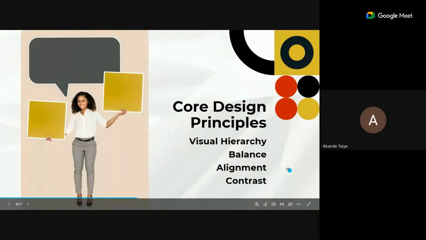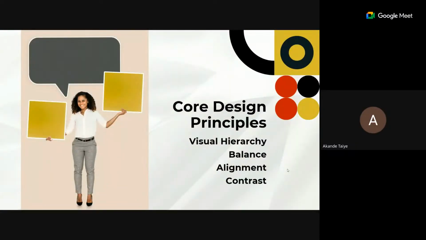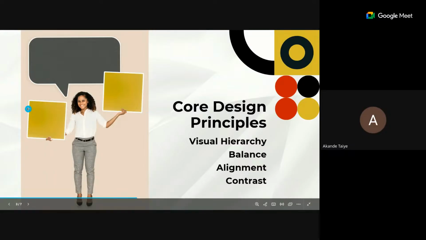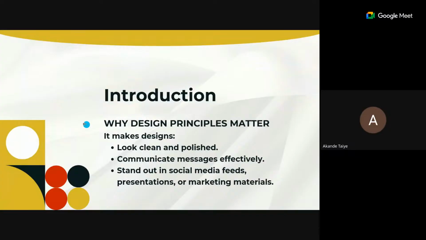So the next one is balance. A design feels stable when elements are evenly balanced, evenly arranged, not making everything to be on one side of a design. Now, imagine this particular design. There are elements here, like graphics.